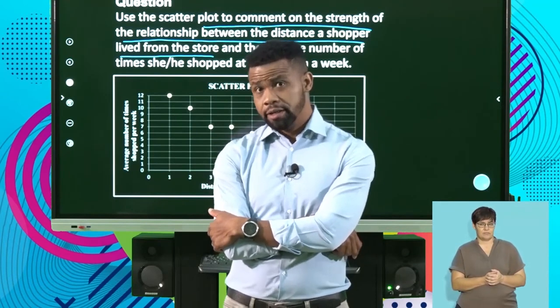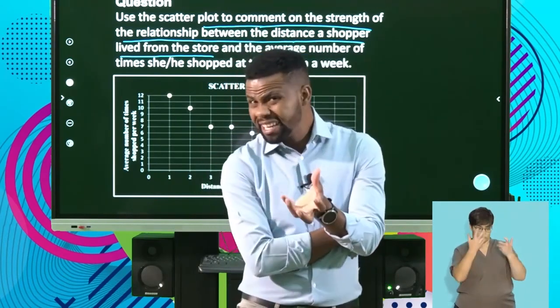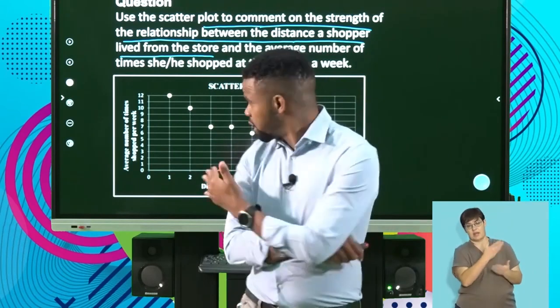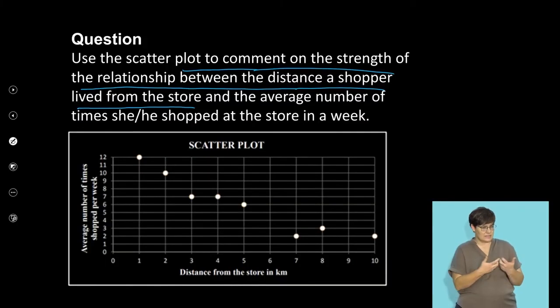By looking at the scatter plot, I can tell what the correlation coefficient might be. If I have to draw the line of best fit, if I look at the points, they form a linear trend, a straight line.